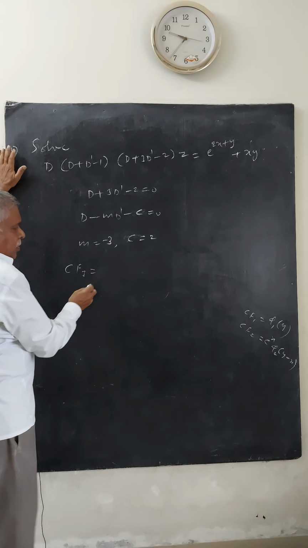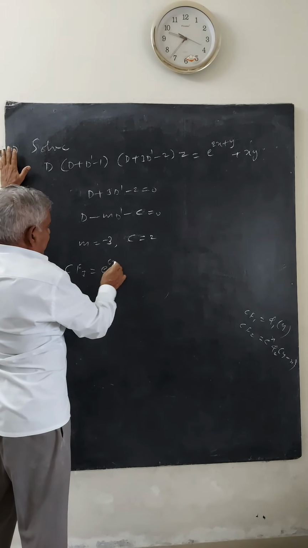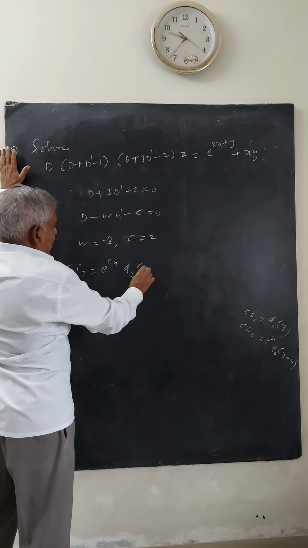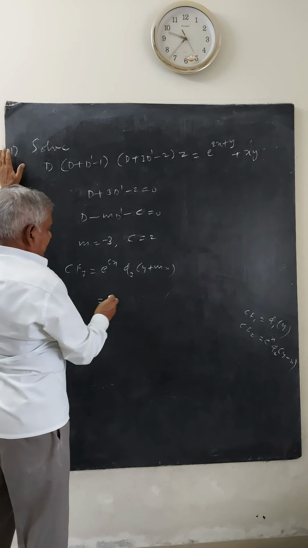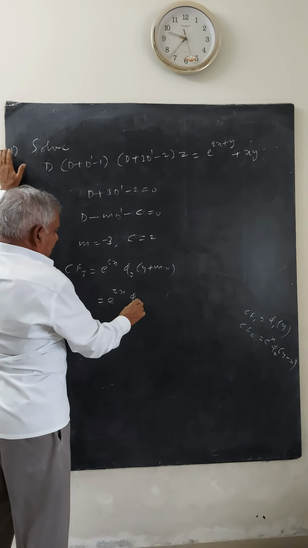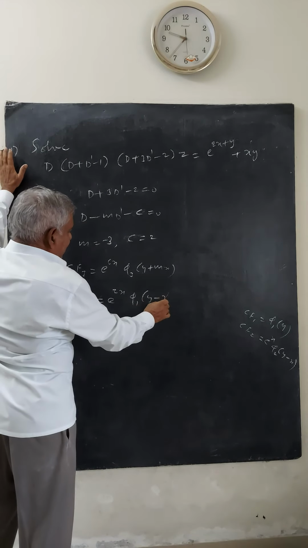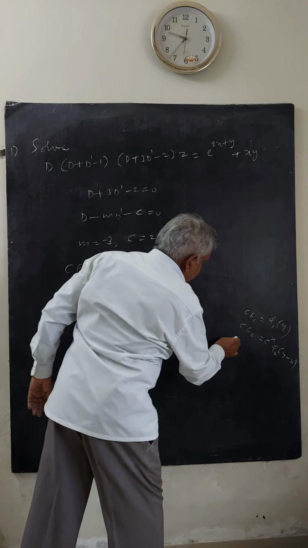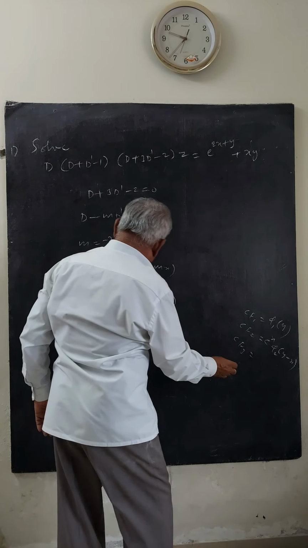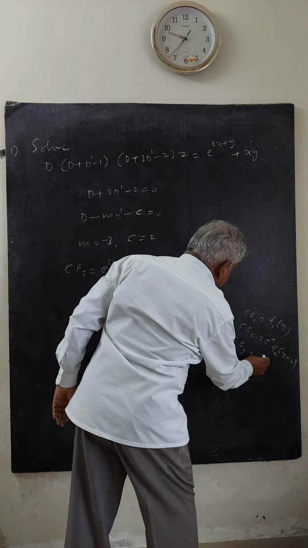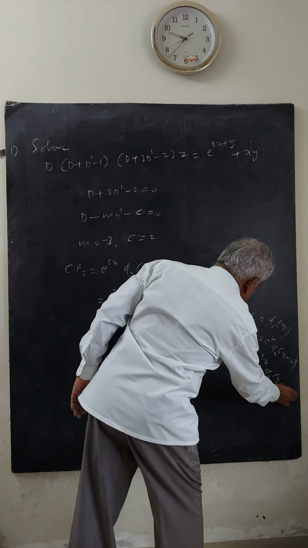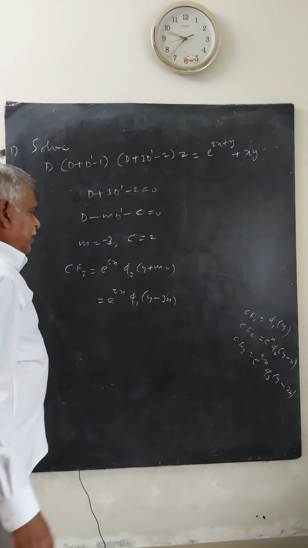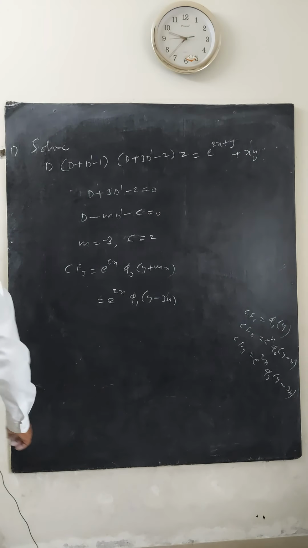CF3 = e^(cx) φ(y + mx) = e^(2x) φ(y - 3x). So CF3 is e^(2x) φ(y - 3x). These are CF1, CF2, CF3.